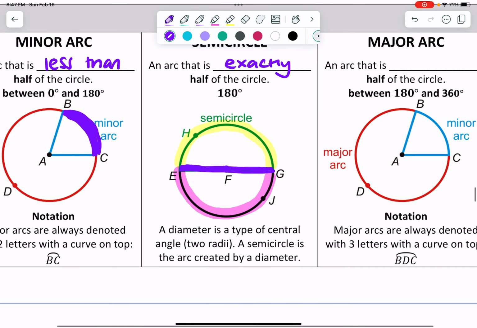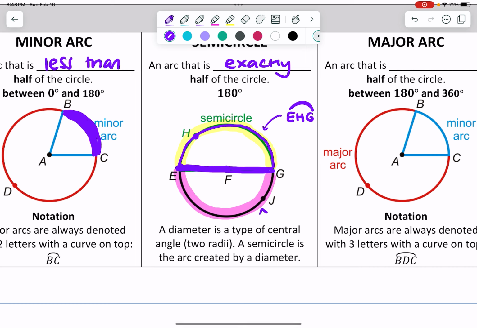So when we talk about notation for this one in yellow, I'd still use the endpoints, but I'd actually throw in some point in the middle so that I know which way I'm going. So I'm going from E, then hitting H, and then continuing on to G as my endpoint.